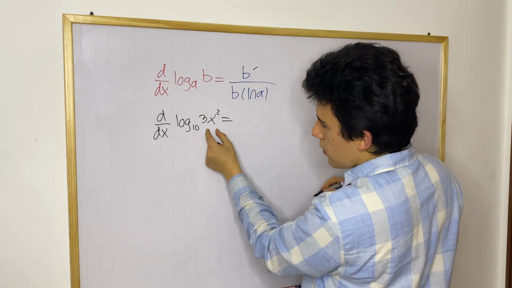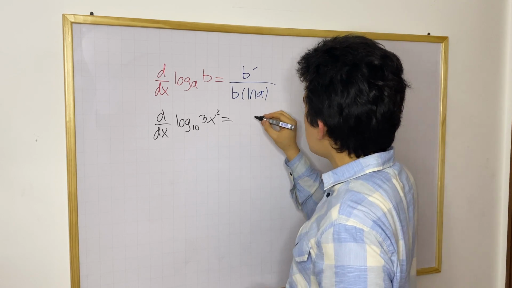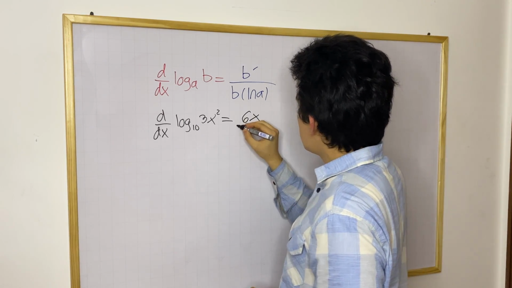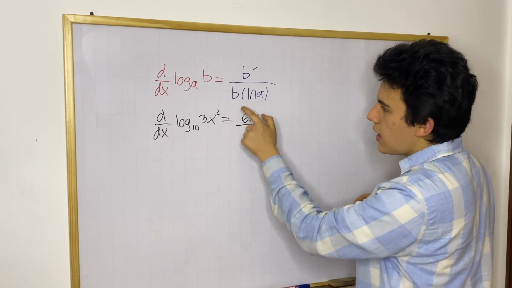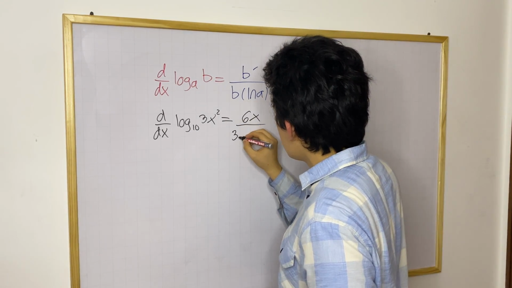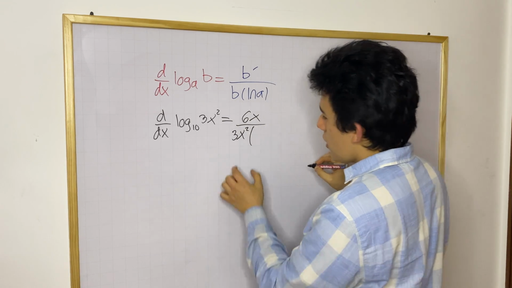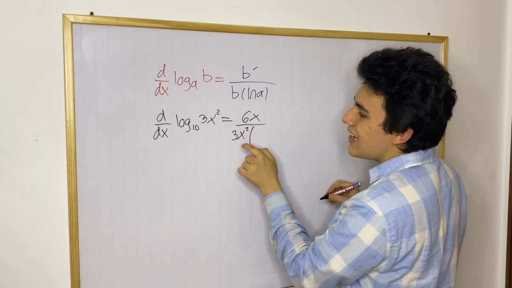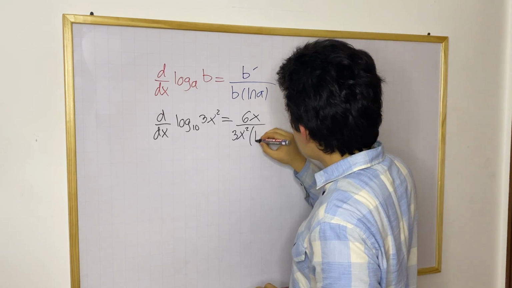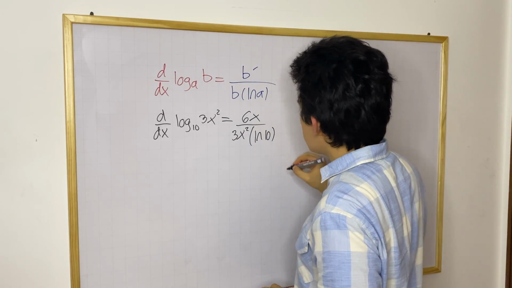b prime for b equals 3x squared is going to be 6x, just using the power rule. Now you're going to multiply by b, which is 3x squared, and you're going to do that in the denominator. And now you want to take the natural log of a, and a is equal to 10. ln 10, okay?